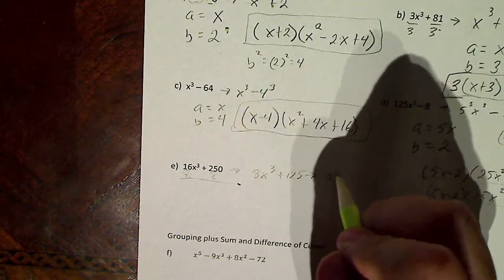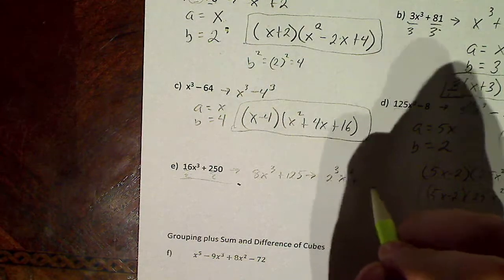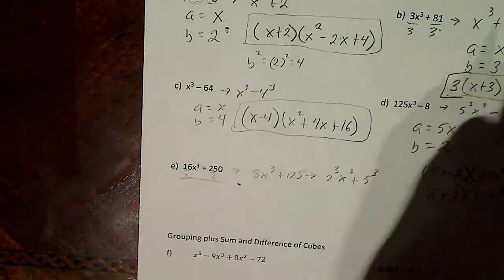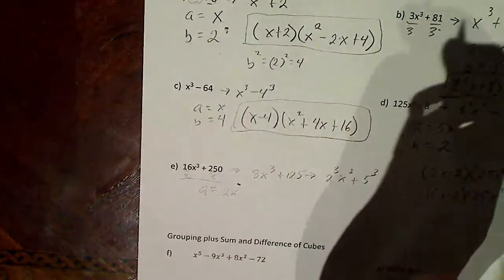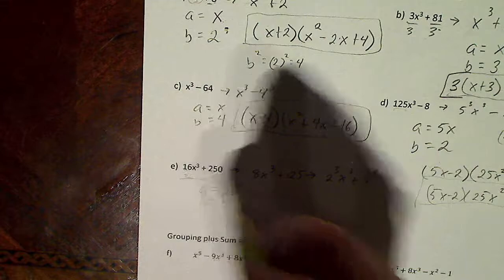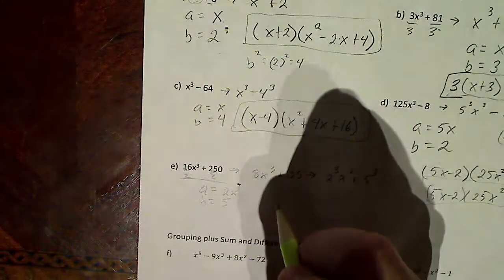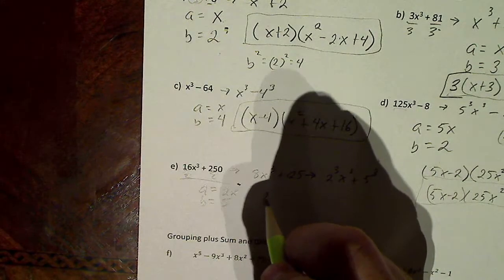So 8x cubed is the same as 2 cubed x cubed. 125 is 5 cubed. So a is equal to 2x, b is equal to 5. So again, I set it up. This is going to be a plus b, so 2x plus 5.